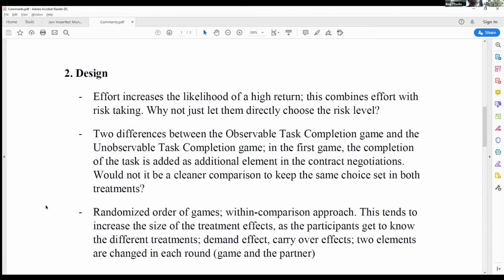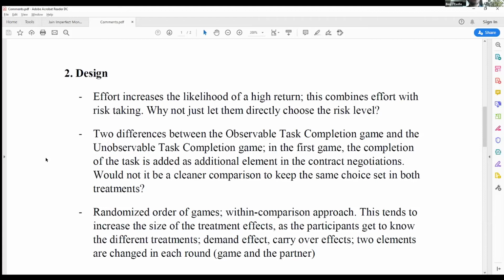I think the reason behind it is because there was another game that was not included, where there wasn't any effort, and then probably they wanted to compare it with that other game, but that wasn't included in the paper. So you could have just used a lottery choice game, without any effort.